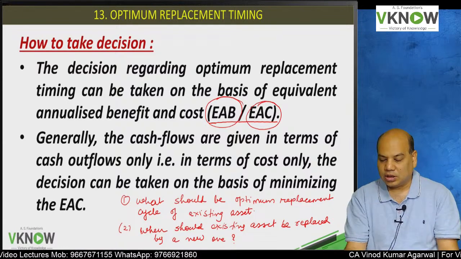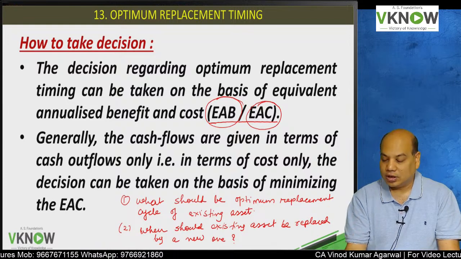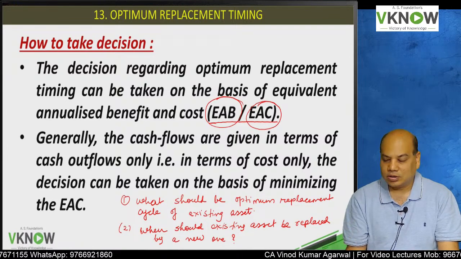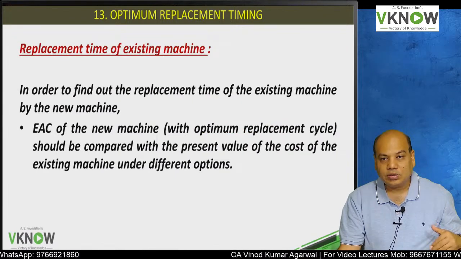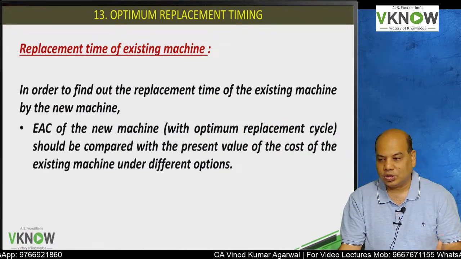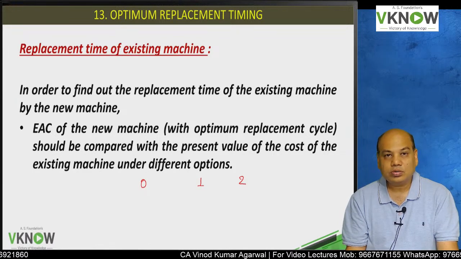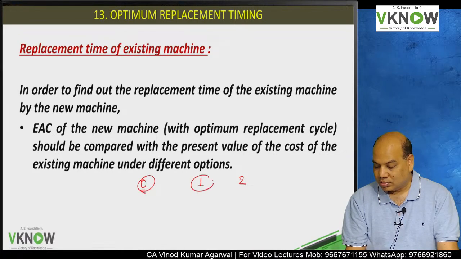I have an old car. It can be used for 2 more years. So I can replace it today also. I can replace it after 1 year also, and I can replace it after 2 years also. So the institute will ask you the question, when should an existing asset be replaced by a new asset?